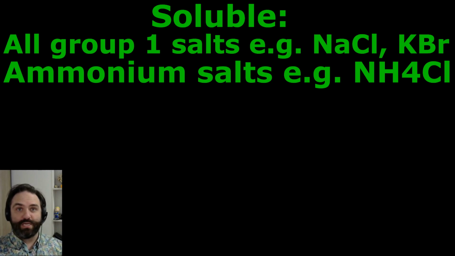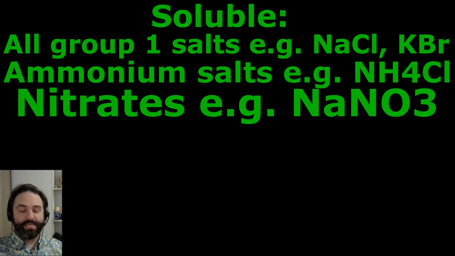No exceptions again. Every salt that contains a nitrate is soluble. So far we've got a bunch of rules where there are no exceptions. Anything from group 1, ammonium, nitrates, all soluble. So just remember those as a bunch. The soluble salts are group 1, ammonium, and nitrates.